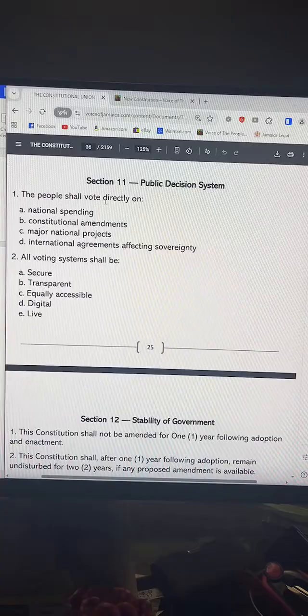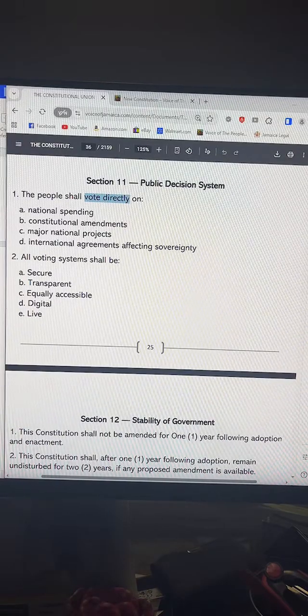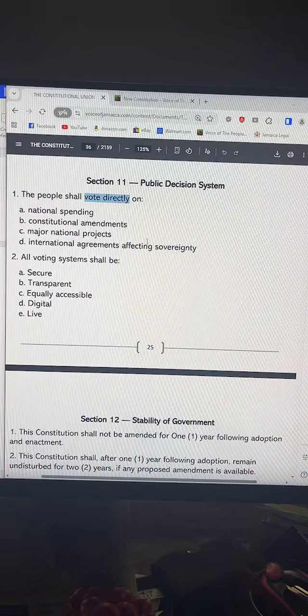Public decision system. The people shall vote directly on national spending, constitutional amendments, major national projects, international agreements affecting sovereignty. Right? So you notice it says vote directly. Meaning, let's say we have a national spending proposal for, say, one hospital drill.